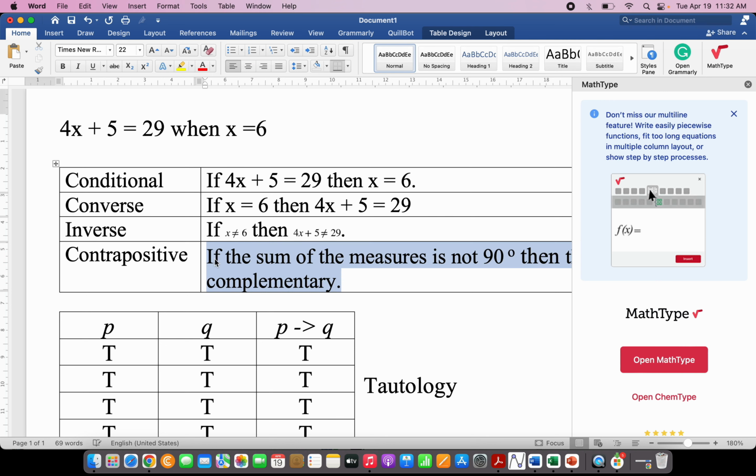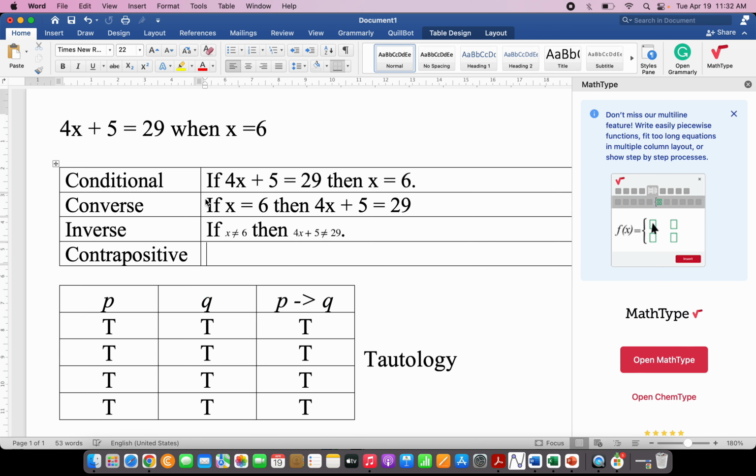Negation lang nito. So, if 4x plus 5 is not equal to 29, then x is not equal to 6. That's it. Ganun lang kadali.